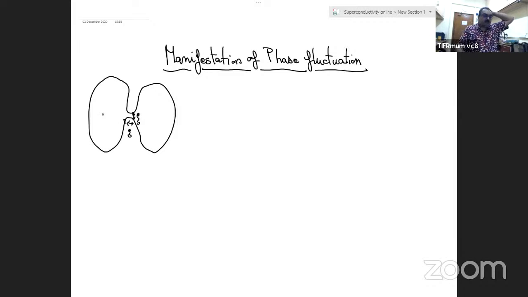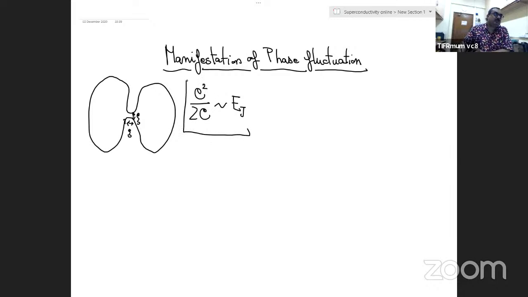It has small enough capacitance such that the Coulomb energy cost, Q squared by 2C, of, let's say, adding one electron here, where Q has to be equal to e, so e squared by 2C, is not negligible compared to the Josephson energy scale EJ.